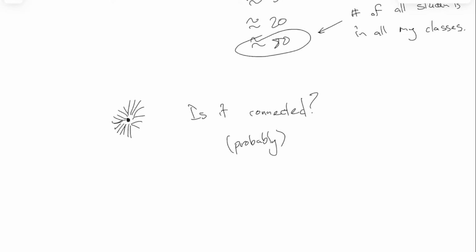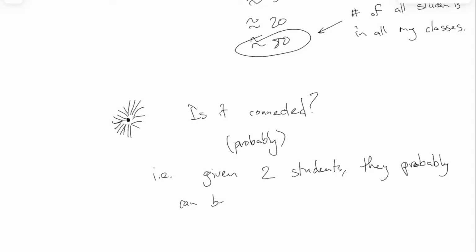What that means is that, i.e., given two students, they probably can be connected by a path of students in the same classes.